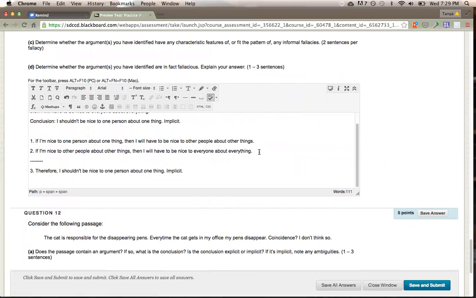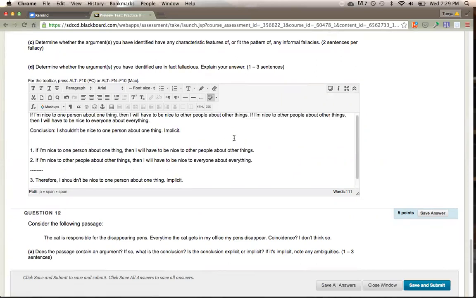Okay, now is anything missing? So this definitely captures what we've been given. It's filled stuff in. It's looking good. I filled in the implicit conclusion here. That's good.